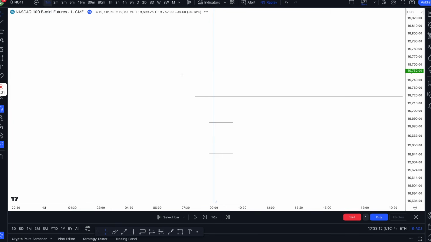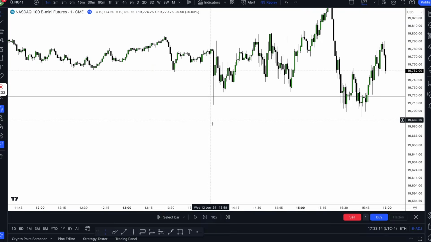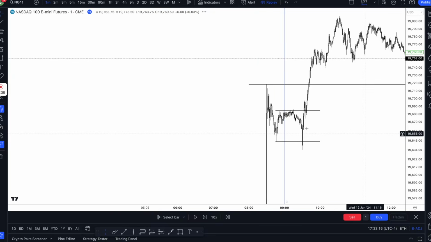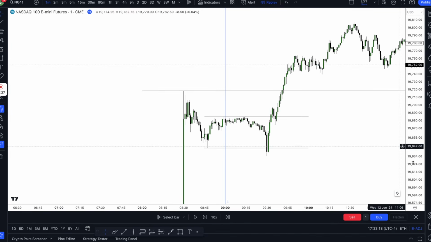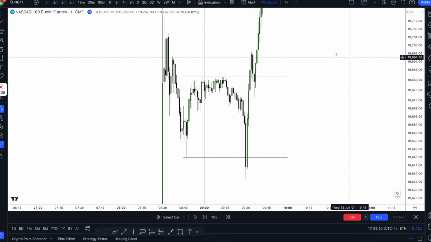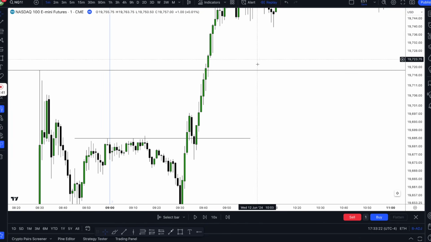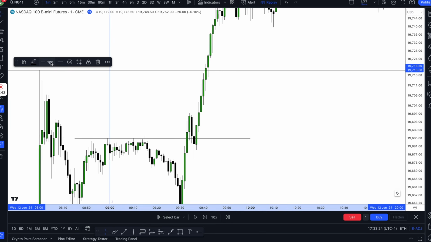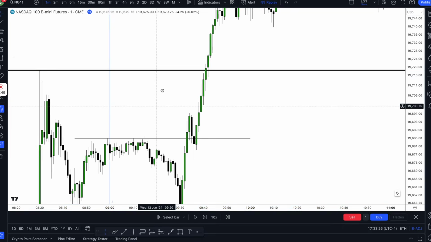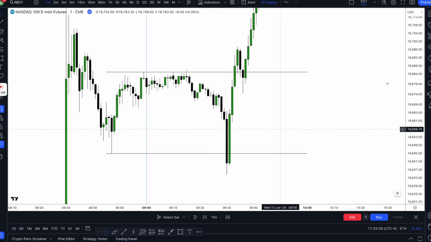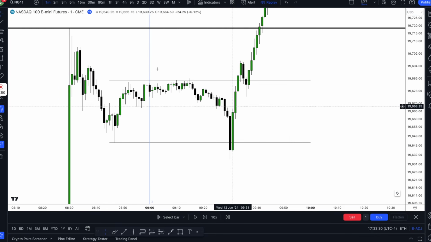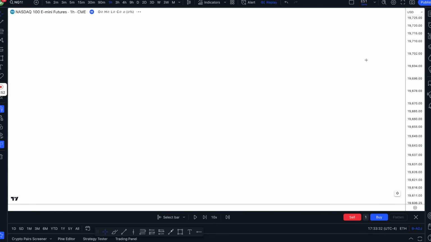Let's drop down time frame. Let's make the 8 a.m. candle range high a thicker line. Lower time frame. First off, we are bullish. Why are we bullish?